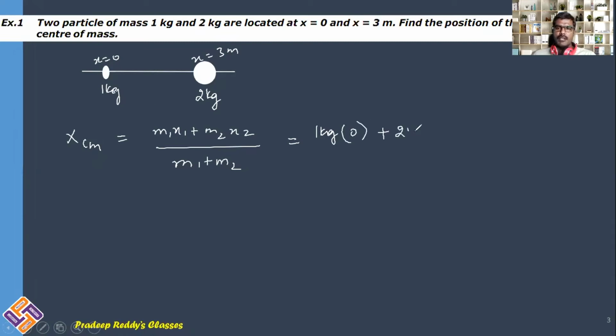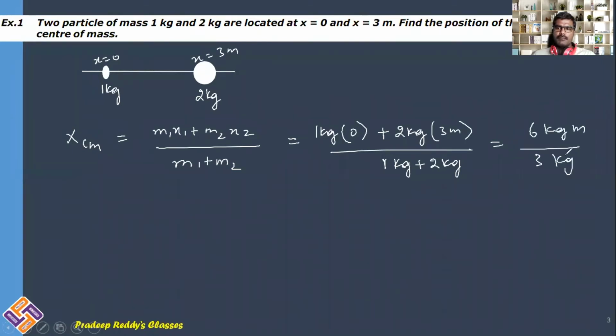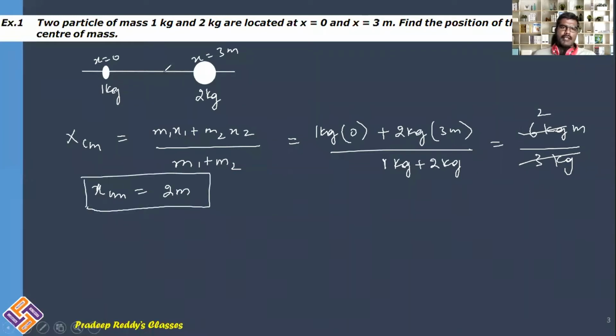M2 is 2 kg and its position is 3 meter, divided by 1 kg plus 2 kg. This is equal to 6 kg meter divided by 3 kg. Therefore, XCM is equal to 2 meter. That means the center of mass of these 2 masses is located at 2 meter, nearly here.